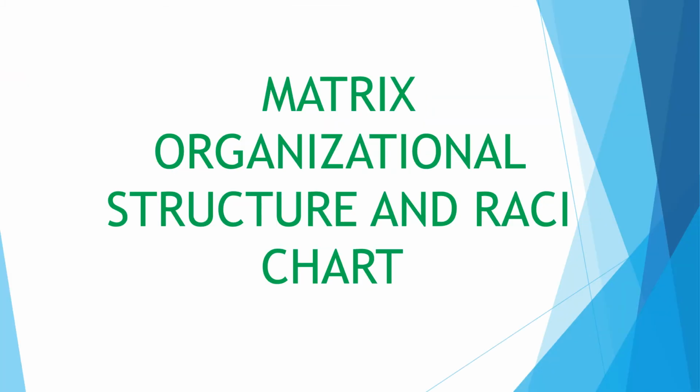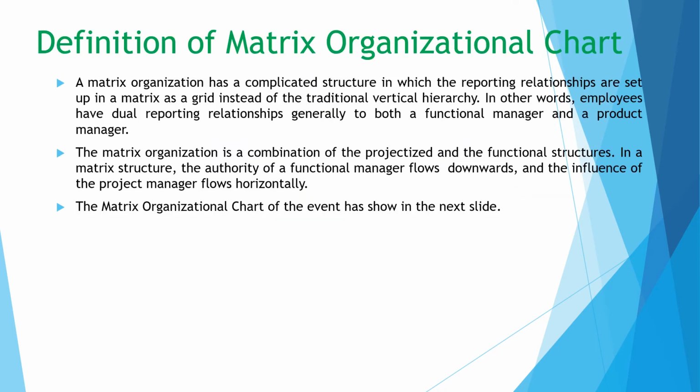Let's look at the matrix organization structure and RACI chart. First, the definition. A matrix organization has a complicated structure in which the reporting relationships are set up in a matrix as a grid instead of the traditional vertical hierarchy. In other words, employees have dual reporting relationships, generally to both a functional manager and a product manager.